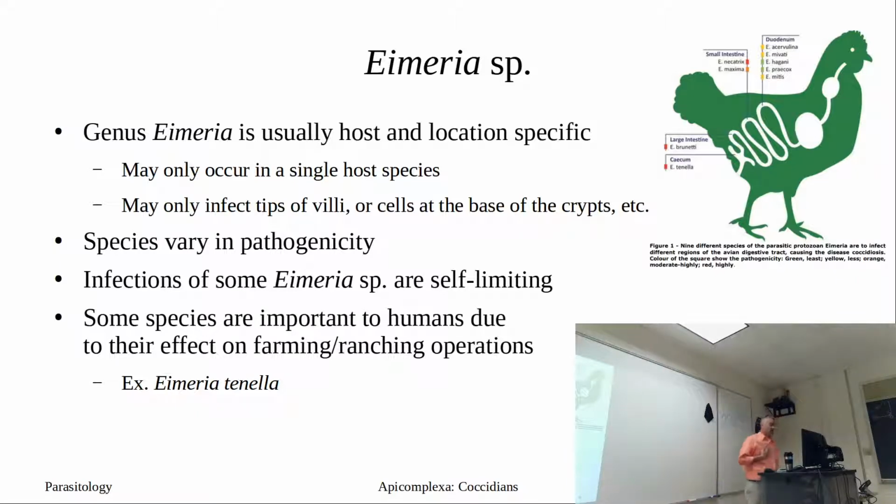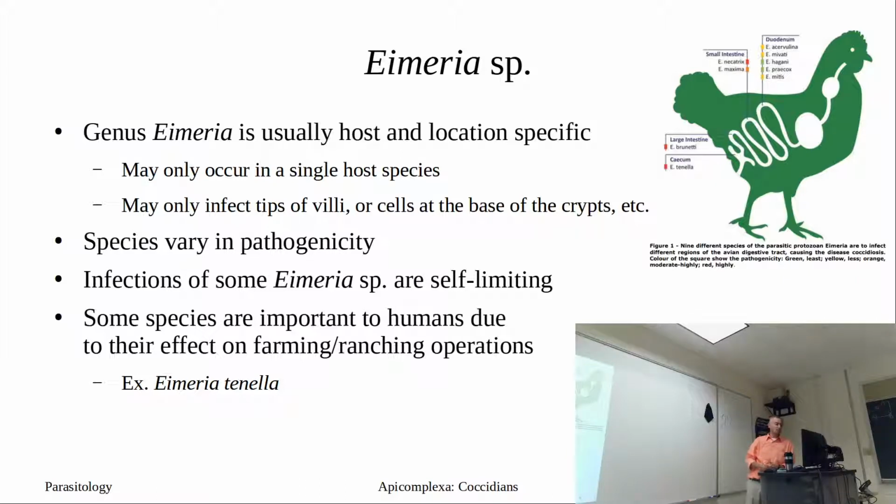That's the one that we have a life cycle for, or that we'll go over. These species are going to vary in their pathogenicity. Some of them are really bad, some of them not so much. But some of these are notable because the infections tend to be self-limiting. It's almost like there's a pre-programmed number of replication steps that will take place.